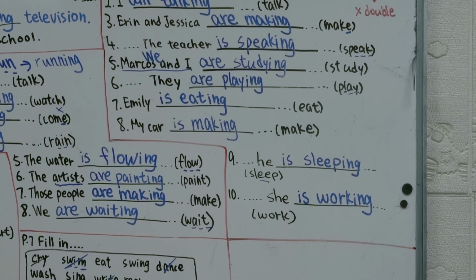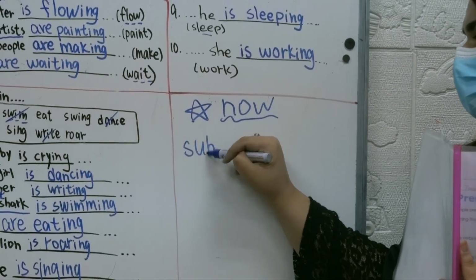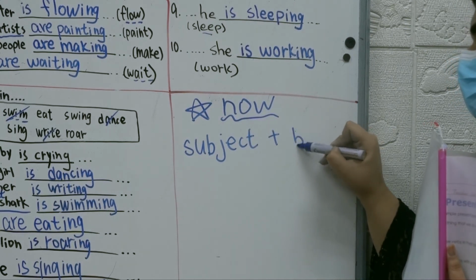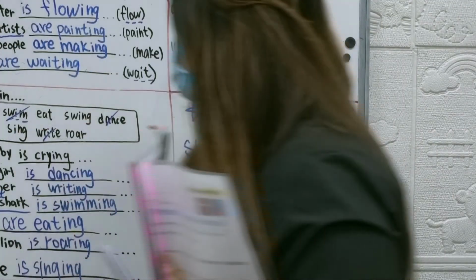Remember the spelling rules of using present continuous tense. When do we use present continuous tense? The main point is when an action happens right now, right? How do we form it? Subject, be. What is the meaning of be?